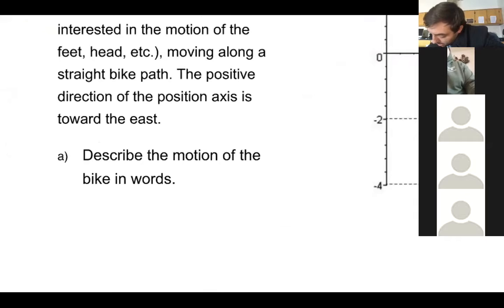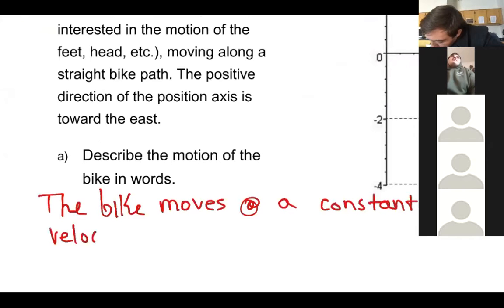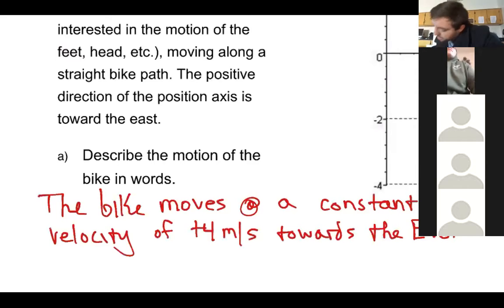So I would say the bike moves at a constant velocity of positive 4 meters per second towards the east.